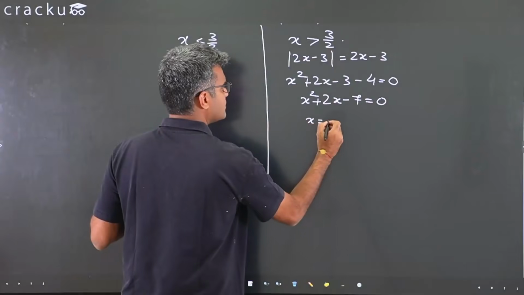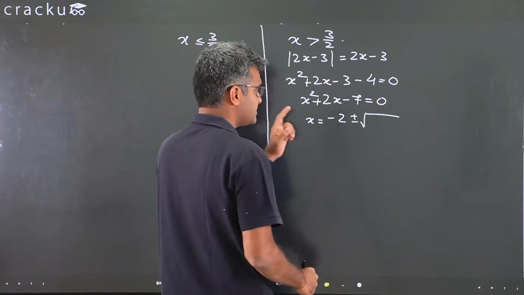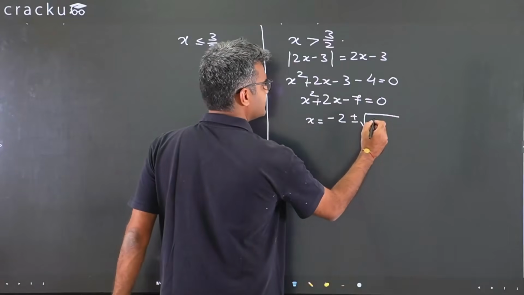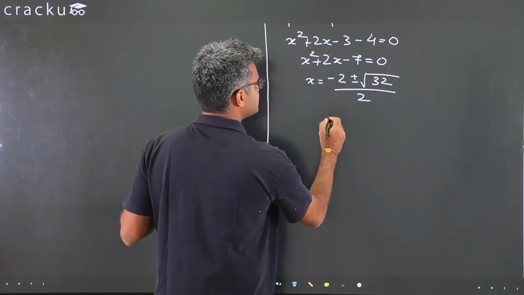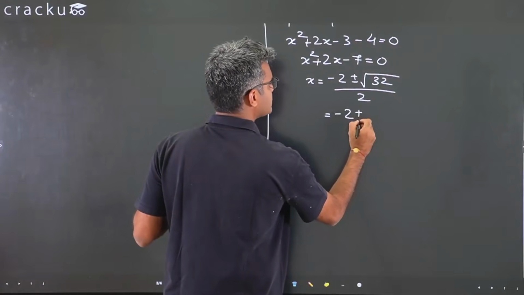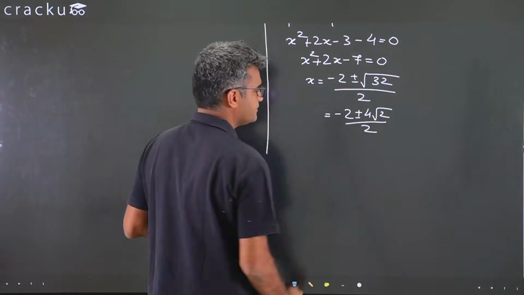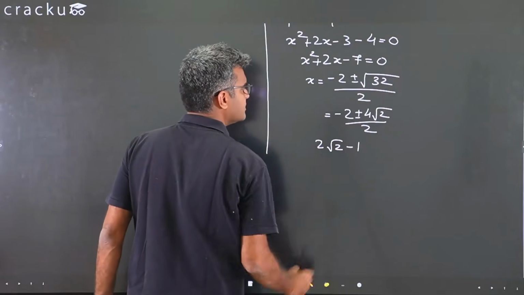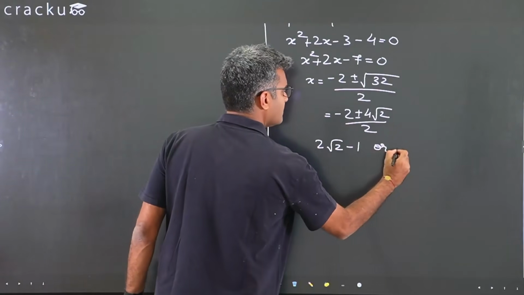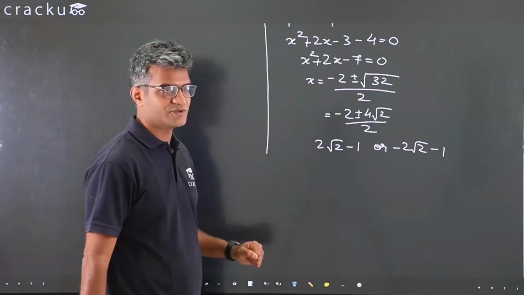So x is equal to minus 2 plus or minus square root of 2 square is 4 plus 28, which is 32, divided by 2. This is equal to minus 2 plus or minus 4 square root of 2 divided by 2. So it is either 2 square root of 2 minus 1 or minus 2 square root of 2 minus 1. These are the two cases that are possible.